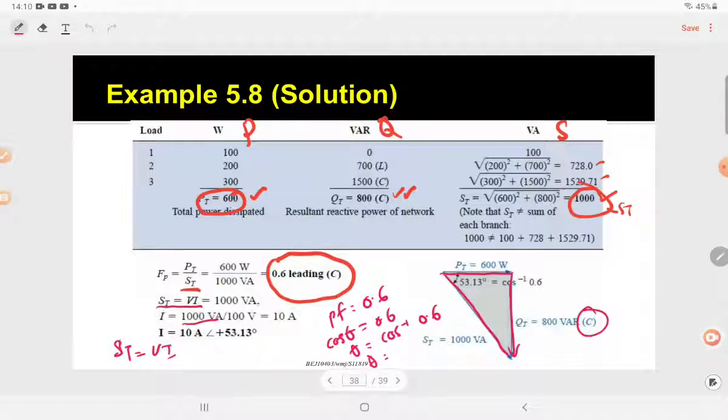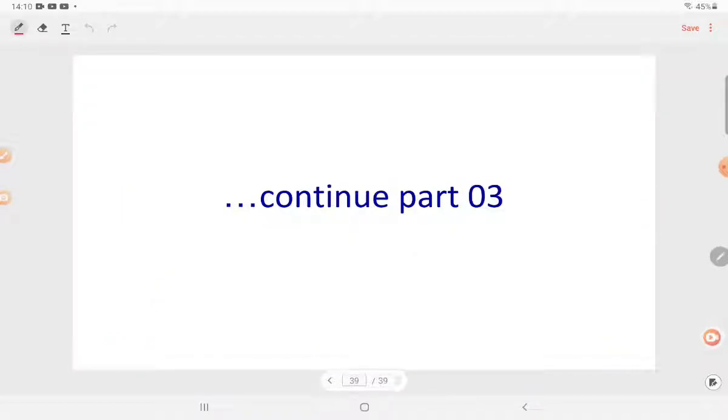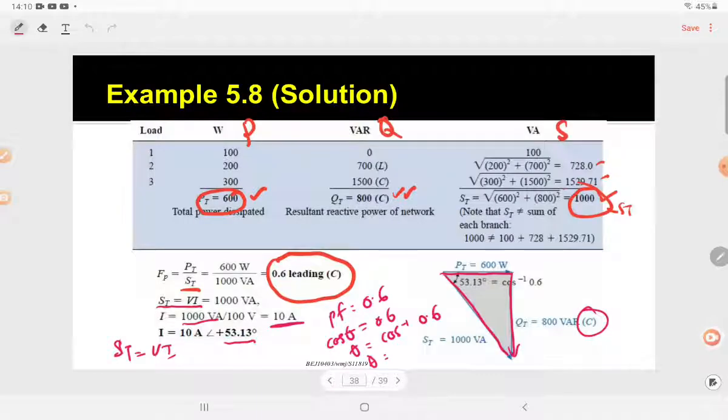So dividing by 100, I equals 10 ampere. So in phasor form, I equals 10 ampere at an angle of 53.13 degrees. Okay, so I think that's all for complex power. So we stop here.